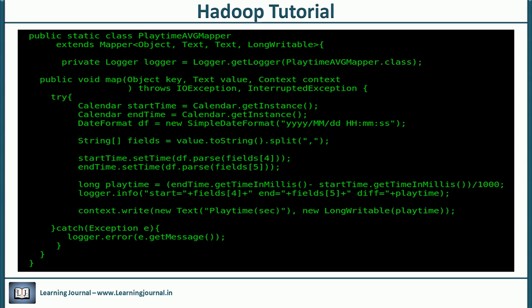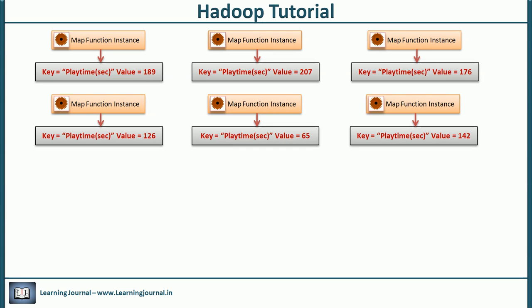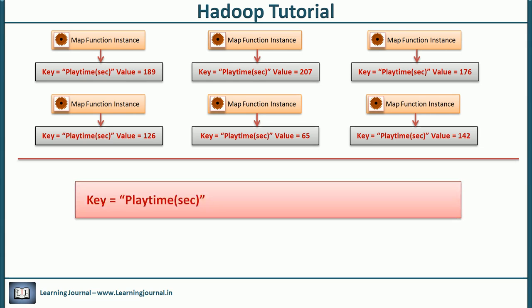Let's come to the reduce part. We know that the framework will collect all map outputs. Let's assume you have these outputs from various map functions. Since we have just one key, the engine will create only one row. It will collect all these values into an array and attach that array to the single record.